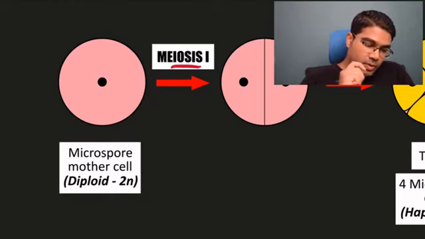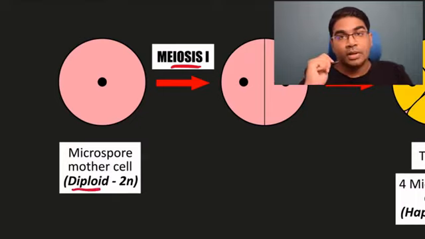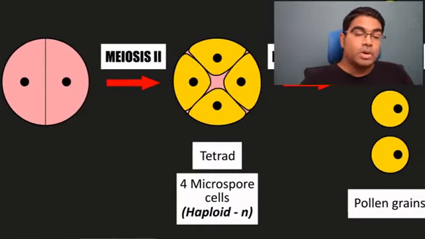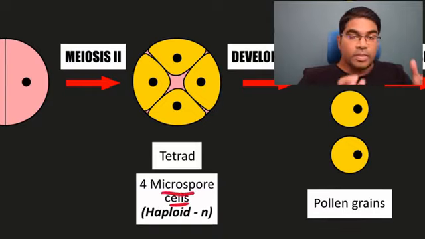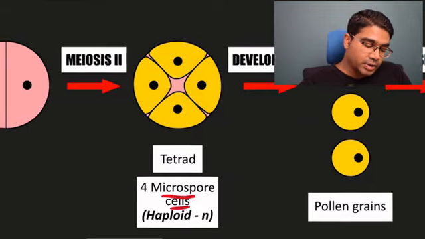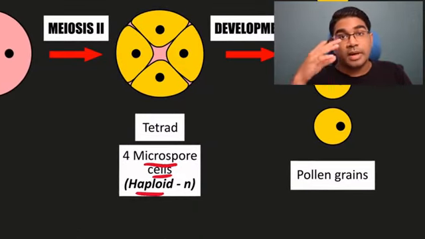So for meiosis, what happens is the microspore mother cell, which is diploid, after meiosis it will become haploid. So this microspore mother cell will form 4 microspore cells. These cells are haploid. Anytime a cell undergoes meiosis, it will become haploid.